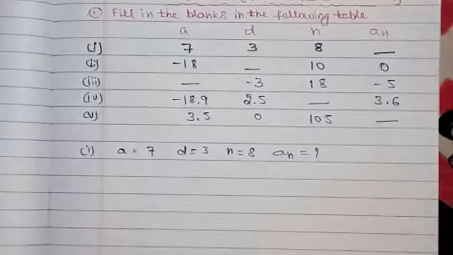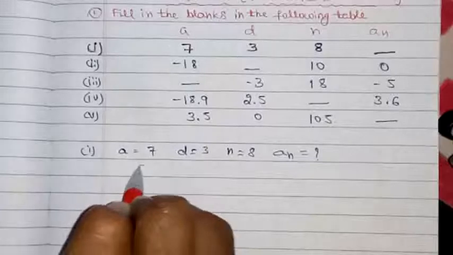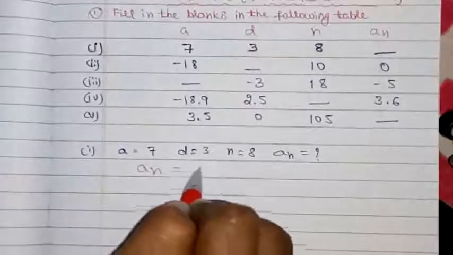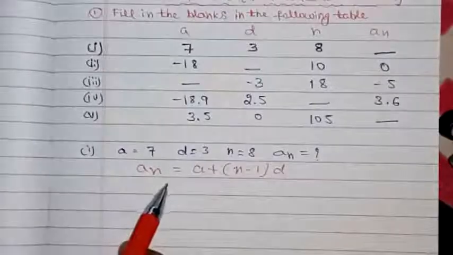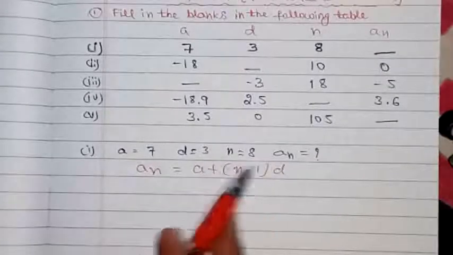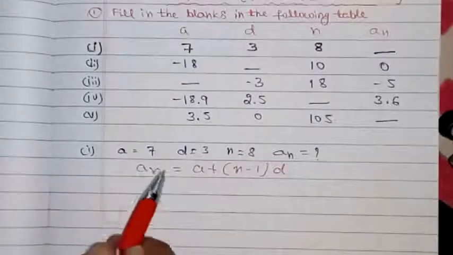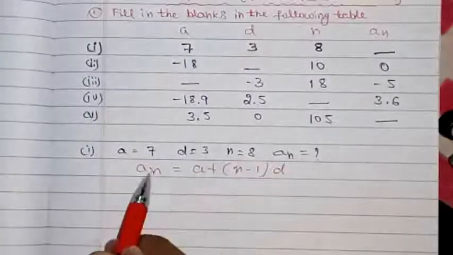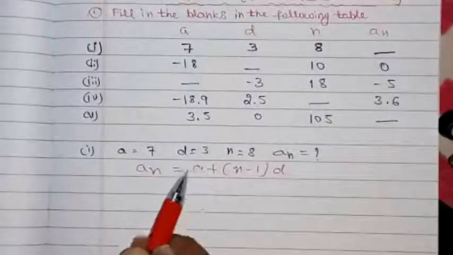Now what is the formula to find the nth term of an AP? You need to write down the formula: An equals A plus (N minus 1) into D. This is the nth term formula, right, children? Now just observe here, you need to find An.